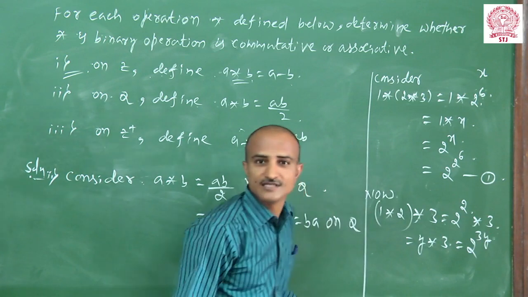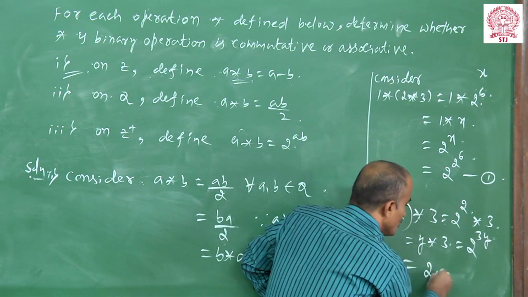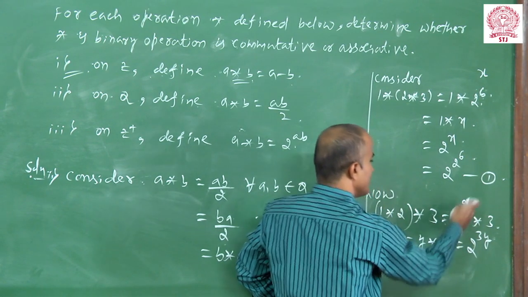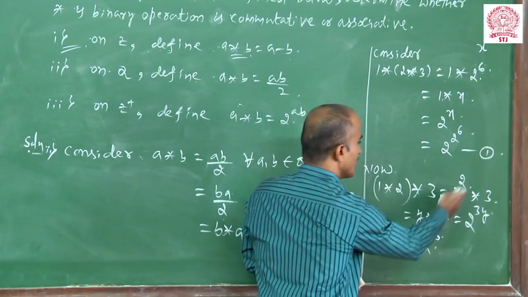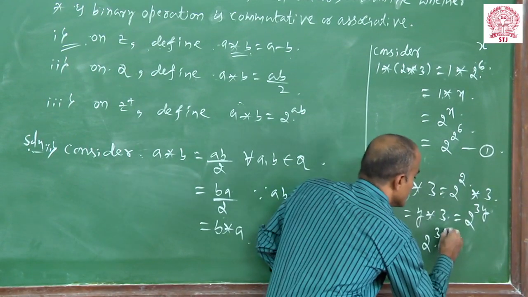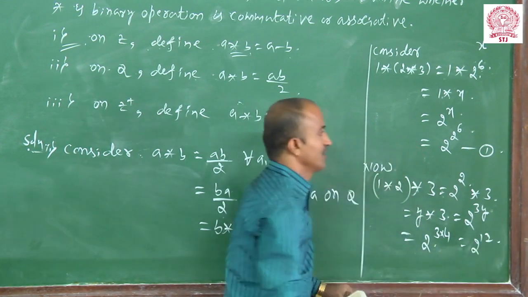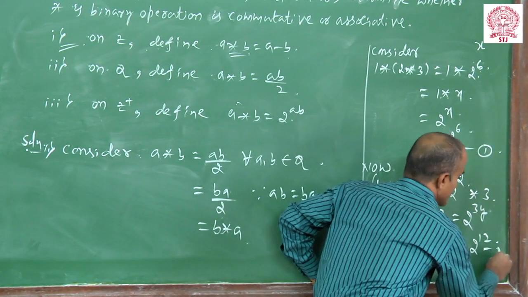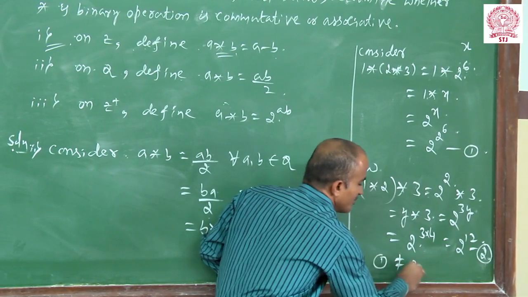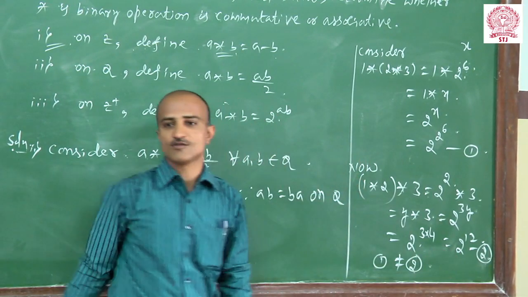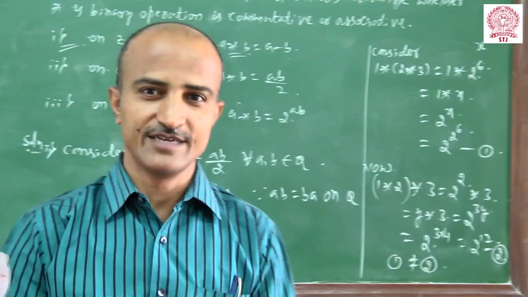What is Y here? 2 power 3 into Y, where we have taken Y as 2 square, nothing but 4, that will be 2 power 12. So that is equation 2. From 1 and 2, 1 is not equal to 2. Therefore, star is not associative.